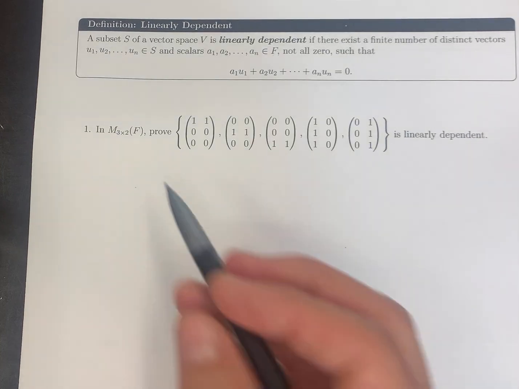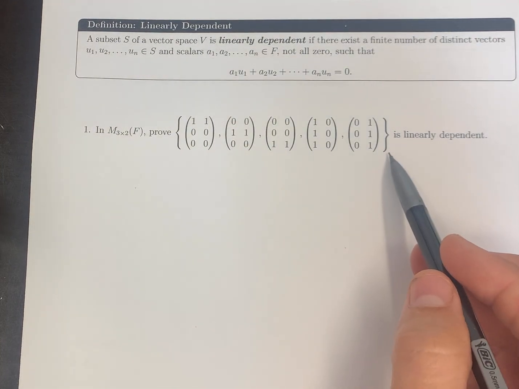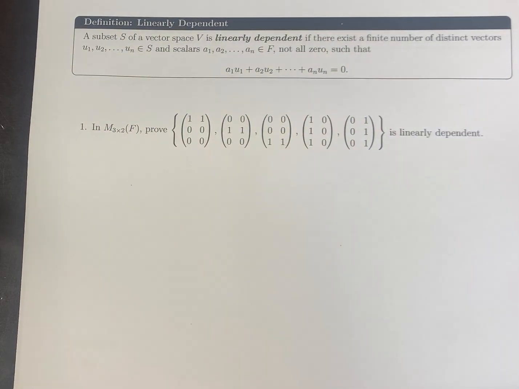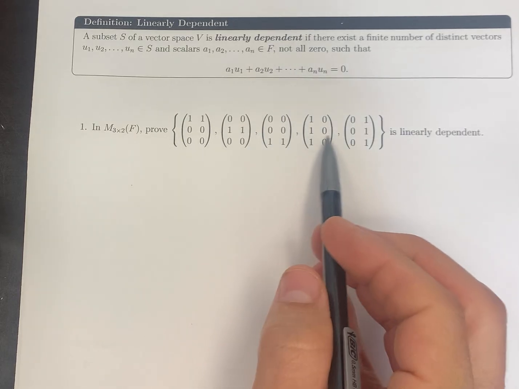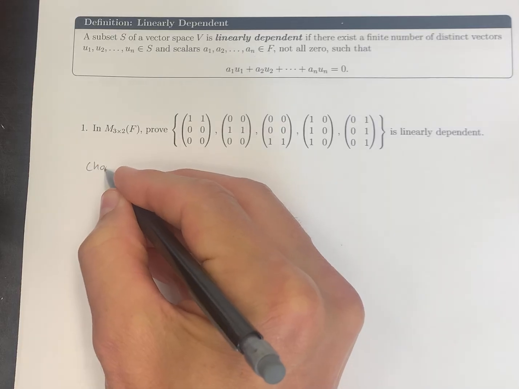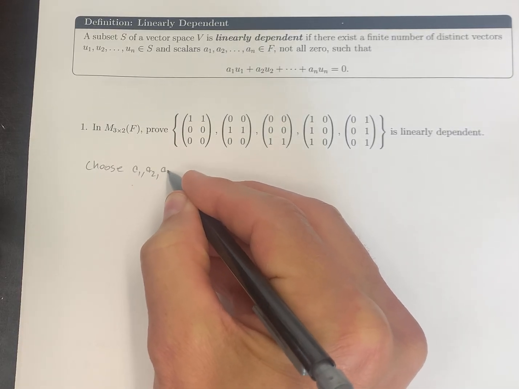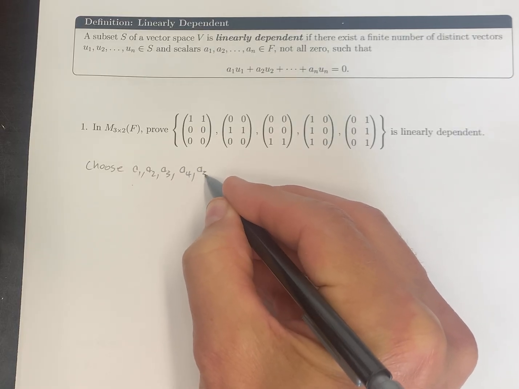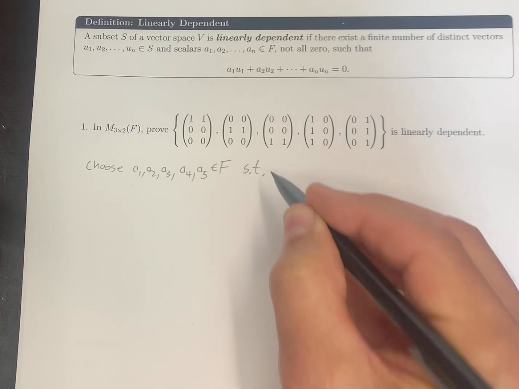I have a slightly more souped up example here. Let's prove that this set is linearly dependent in 3x2 matrices. How would I do that? I need to come up with non-zero coefficients. Choose a1, a2, a3, a4, and a5 in F such that the following holds.